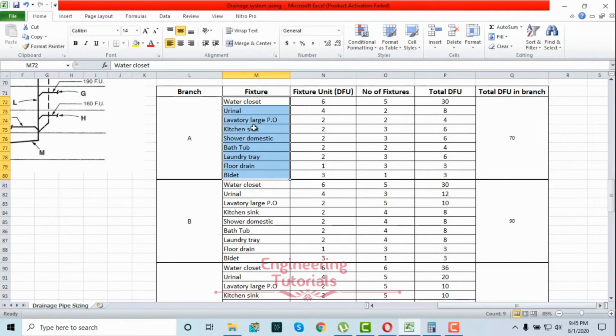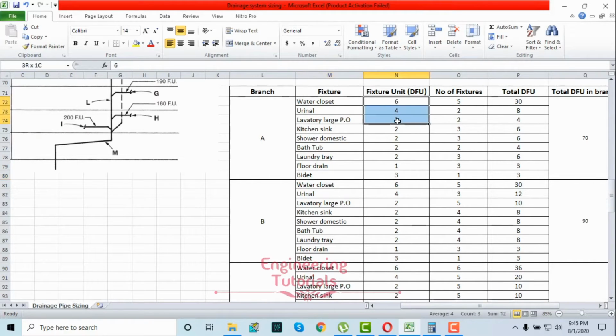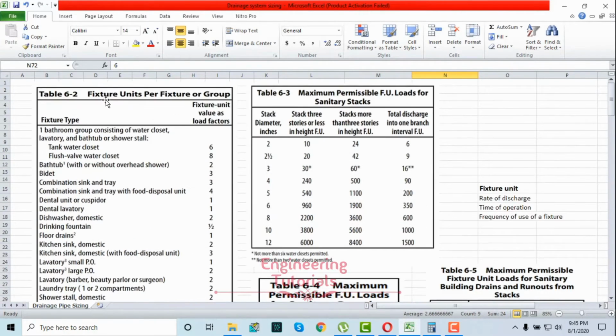For example, in branch A, we have water closet, urinal, lavatory, kitchen sink, shower, domestic bathtub, laundry, floor drain, and bidet. According to that, we write the fixture unit value from table 6.2. This is the table of fixture units per fixture or group.